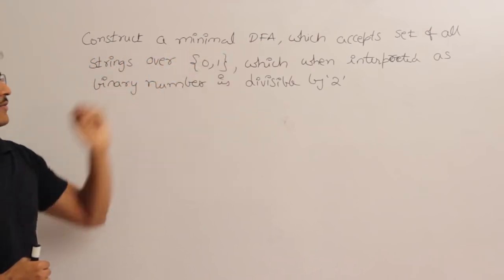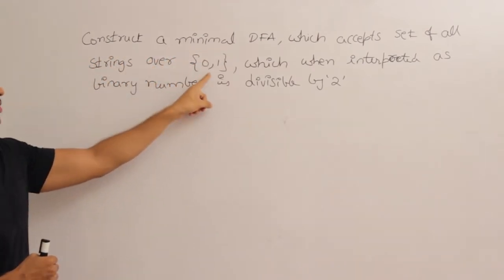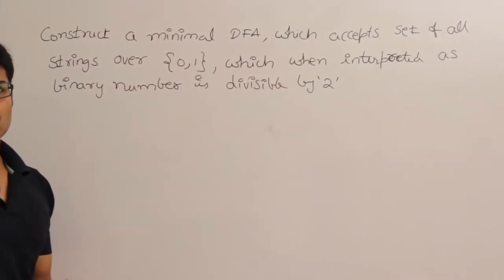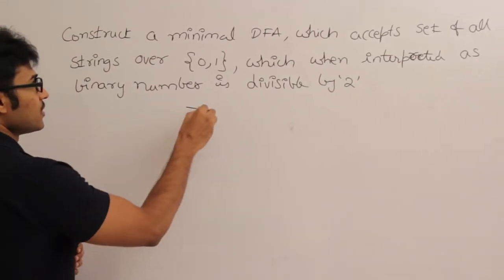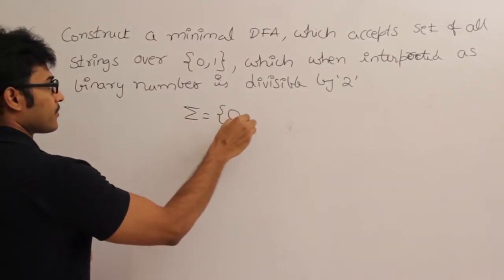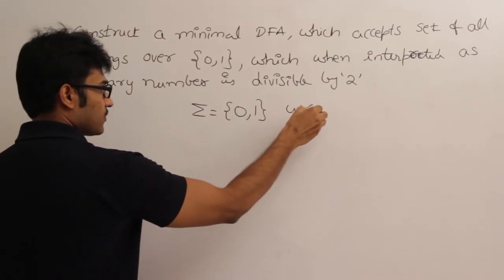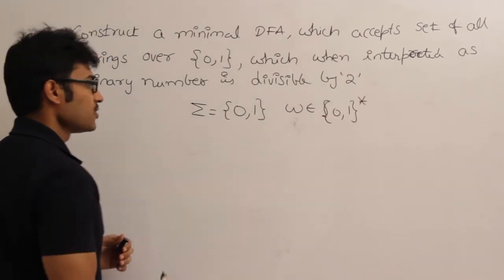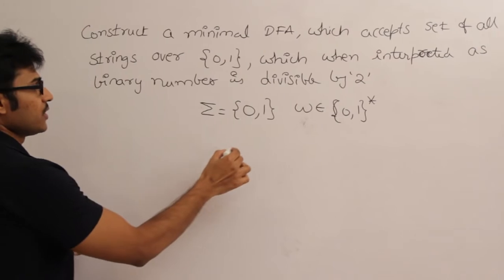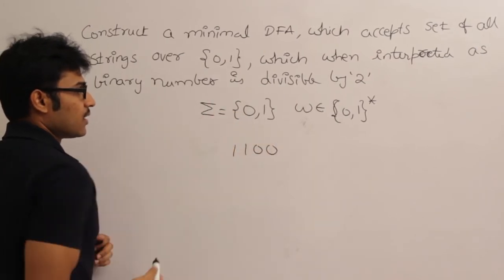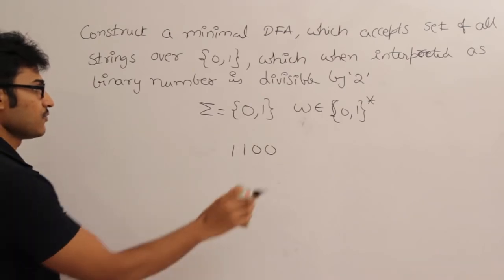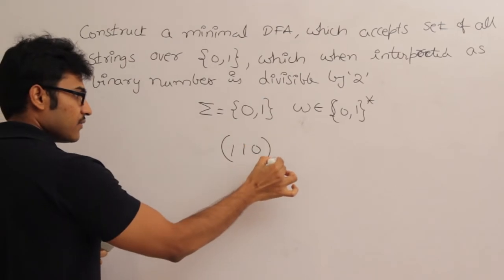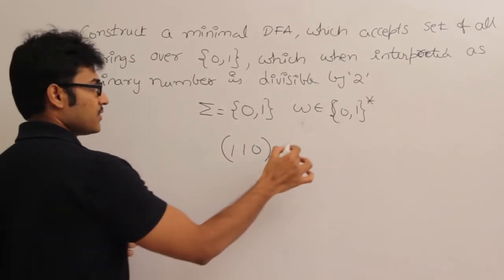Construct a minimal DFA which accepts set of all strings over 0 comma 1, which when interpreted as binary number is divisible by 2, which means if the sigma equal to 0 comma 1, among all these strings which are possible over 0 comma 1, if I take any string 1100, and if I interpret it as a binary number, what is its value in decimal?